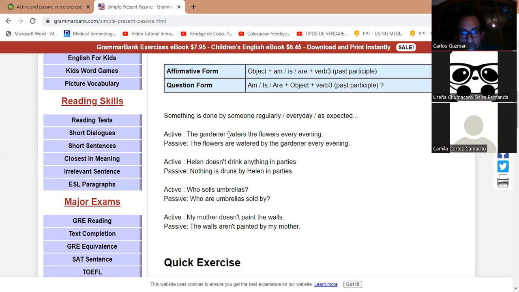The gardener waters, right? Present simple. The flowers every evening. In the passive, the flowers become the subject and receive the action. So the flowers are, and the verb in the past participle, this is a regular verb, so we just add ed. The flowers are watered by the gardener every evening.